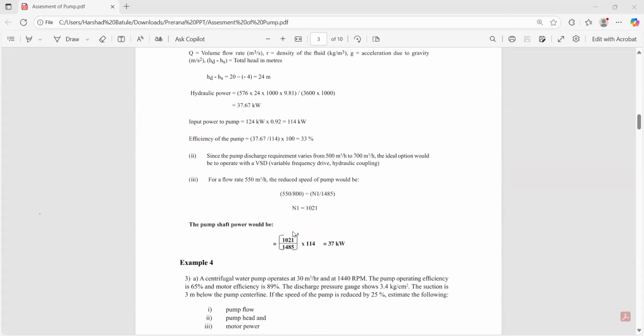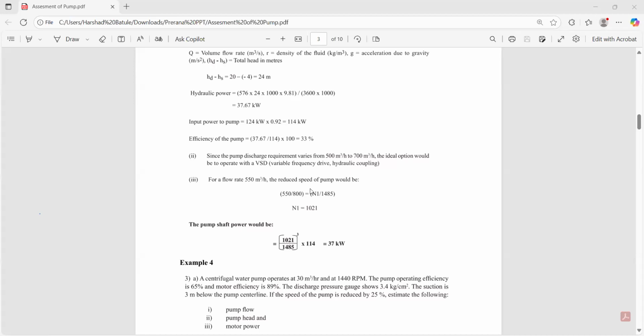So how to calculate the reduced speed? There are affinity laws. N1 by N2 equals Q1 by Q2, whatever the flow rate would be, proportional to the flow rate of the pump.